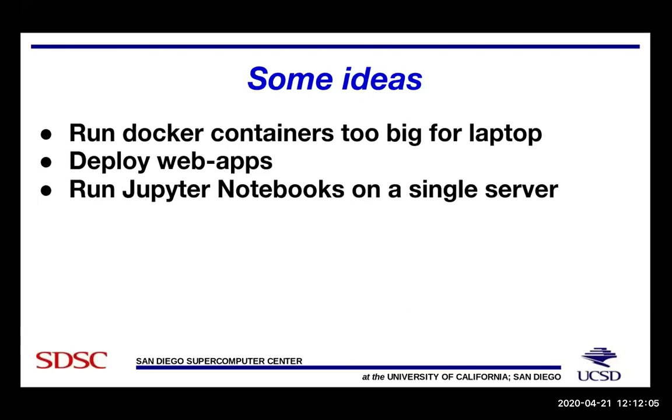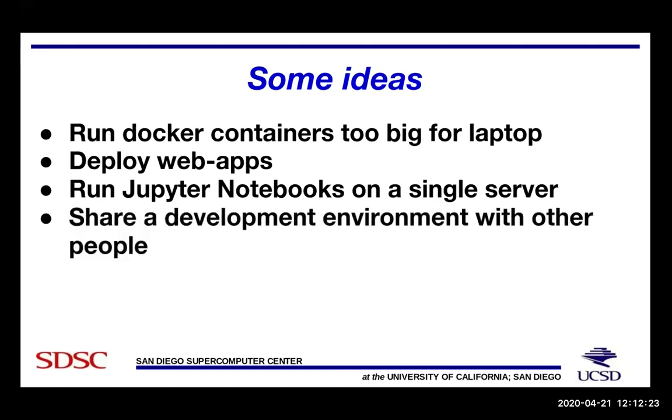Okay, so we'll see later how you instead use Kubernetes and JupyterHub to do a distributed setup, but for now we are focusing on a single machine. Okay, these are some basic usage scenarios for Jetstream.